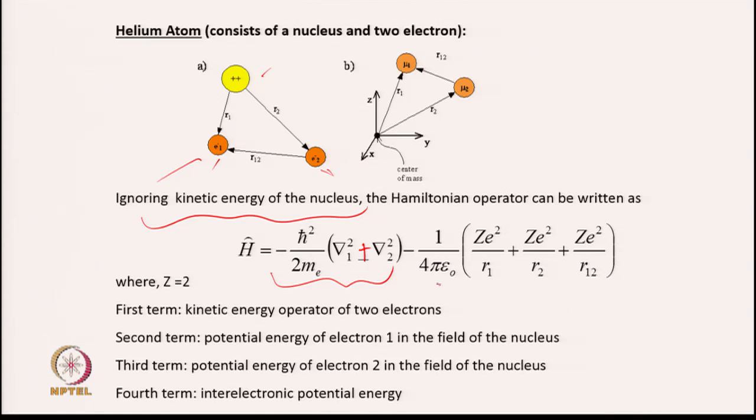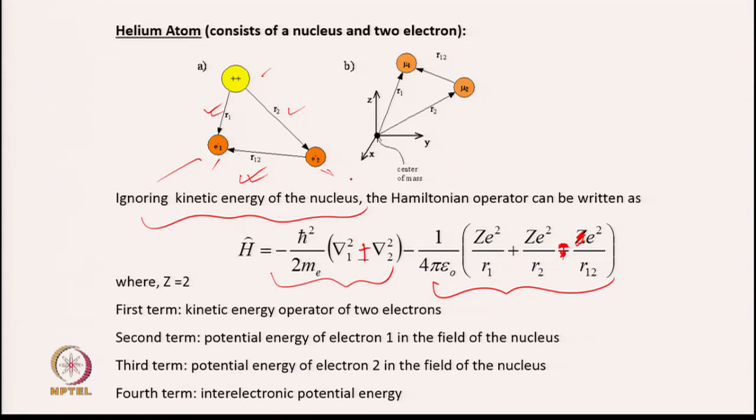Now, you have a potential energy part. The potential energy part will be Ze square by r1, for this interaction, then Ze square by r2, for this interaction, and then there is a repulsion between these two electrons, so you have e square by r12.